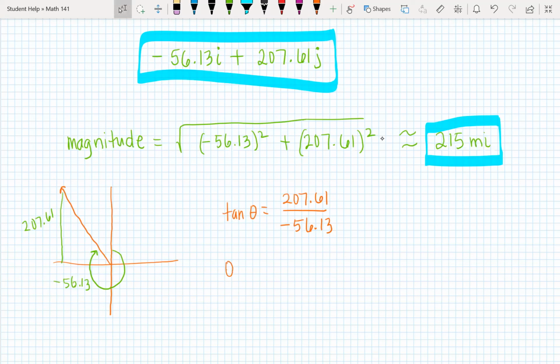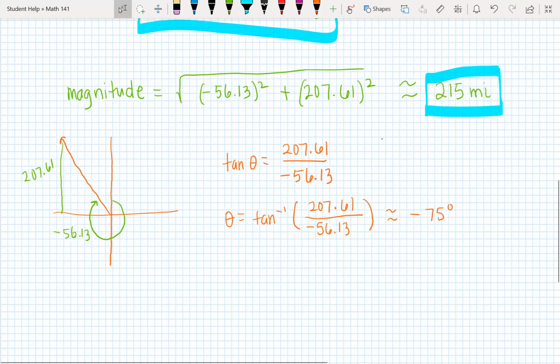Or theta is tan inverse 207.61 over negative 56.13, which gives us, because of the inverse function of tangent, a negative angle, negative 75 degrees. But negative 75 degrees is in the fourth quadrant.